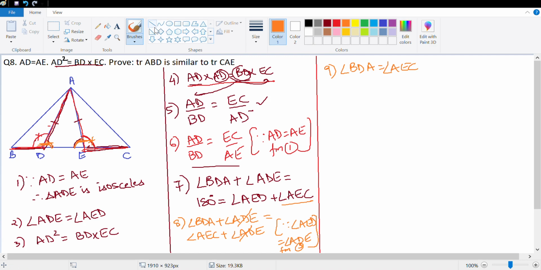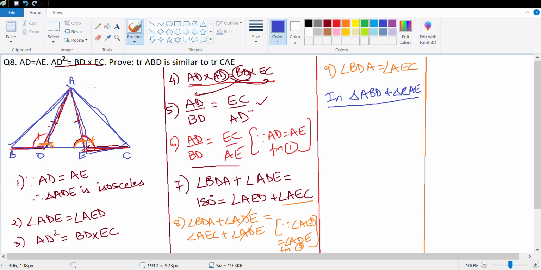Now since the angle is equal and the sides which include this angle are in the correct proportion, these two triangles can be proven similar. So in triangle ABD and triangle CAE, we are looking at ABD here and CAE here. These are the two triangles that I am trying to prove similar. Number 10 would be angle BDA is equal to angle AEC. This is from 9.